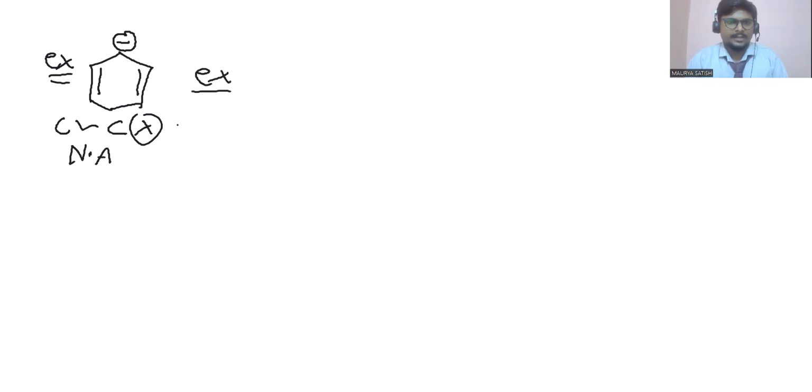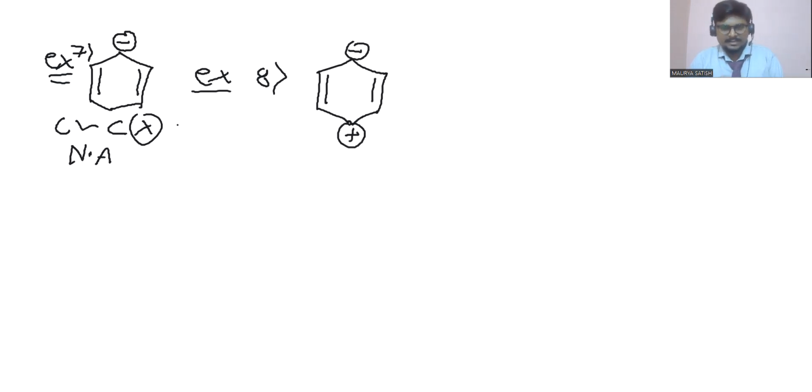Okay, move to the next example. That means this one is, I think, 7. Next, 8. If I'm just adding charge on these two positions, like there are some negative, there are some positive charge on this one. What happened? So just increase one positive charge, it satisfies cyclic conjugation: pi sigma charge sigma pi sigma charge. That means conjugation is also there, planarity is also.